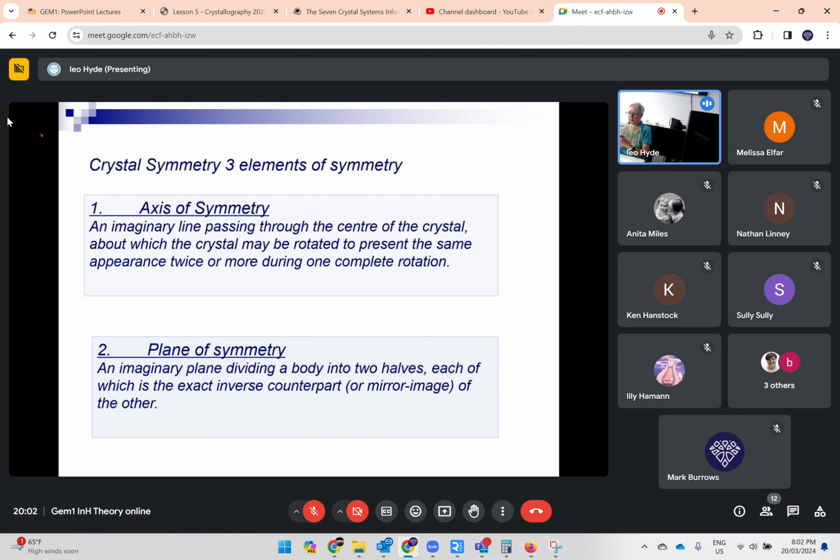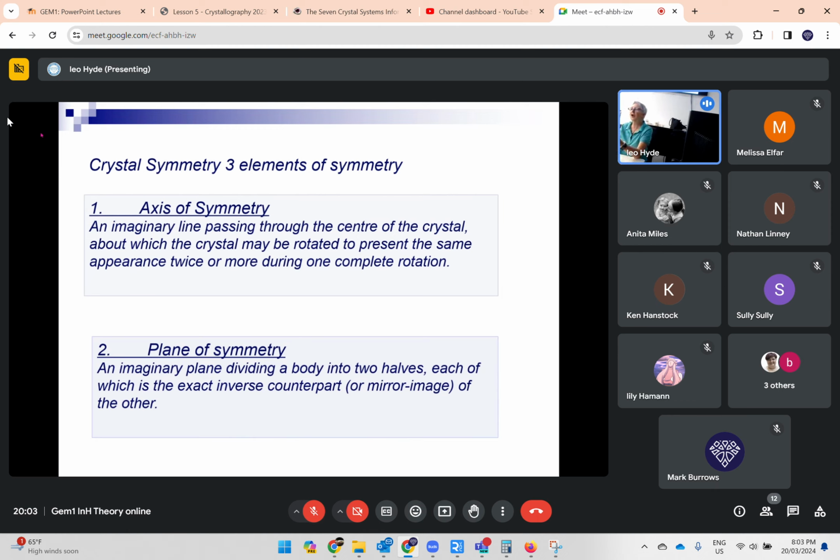So if there's my first one here, I'm going to rotate this around. I see that face, the same face again, the same face again, and then I'm back to the start: there's 4 faces. So if I use that axis, 4 times I get the same picture. So I've got one axis of 4-fold symmetry using that direction.